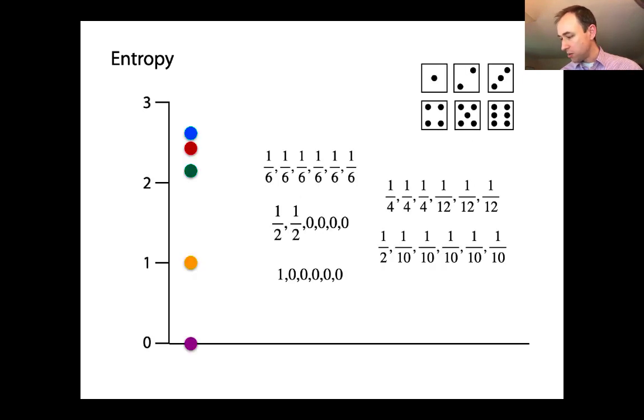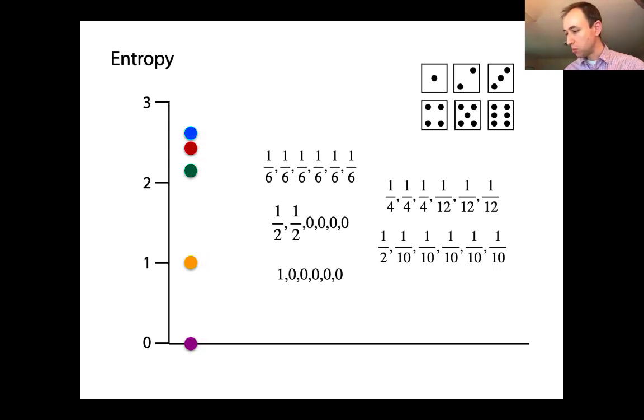And now let me show you 5 different possibilities for what the probability distribution of the die roll could have been. Obviously, this is the one we just examined, but then here's a very dramatic one. Here's one where one outcome is certain, and the others are certainly not going to happen. Here's one that mimics the coin flip. And then here are 2 others that are kind of in between. They're in between in different ways. Each of these 5 possible probability mass functions for this die roll corresponds to one of these points over here.